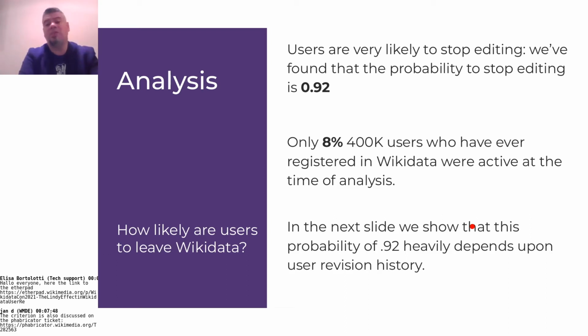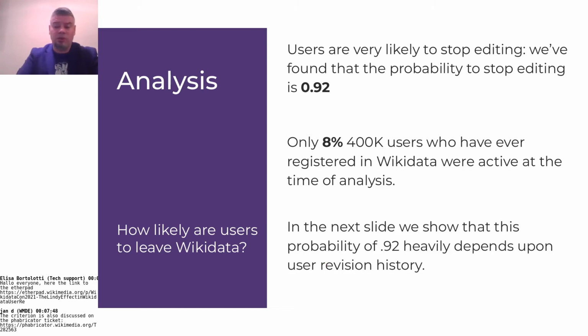So only 8% of this 400K users who were registered, whose revision histories we fetched from the database, were active at the point of the analysis, which means that the probability of leaving is 92%, which is quite high, and this is really not unexpected. To the contrary, I would be surprised if we found any lower number than that.